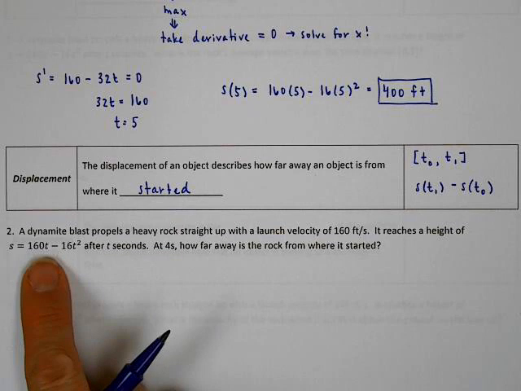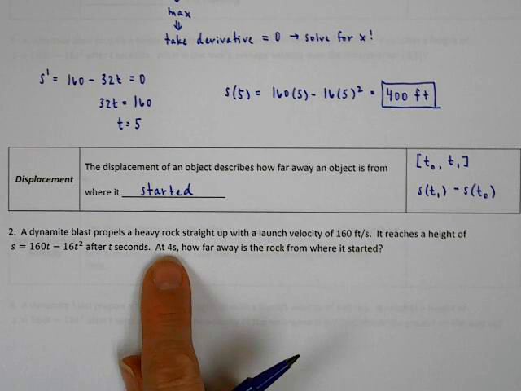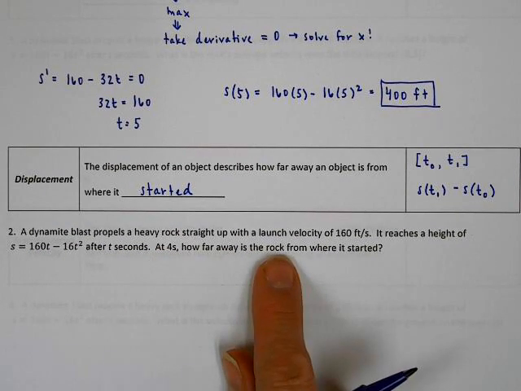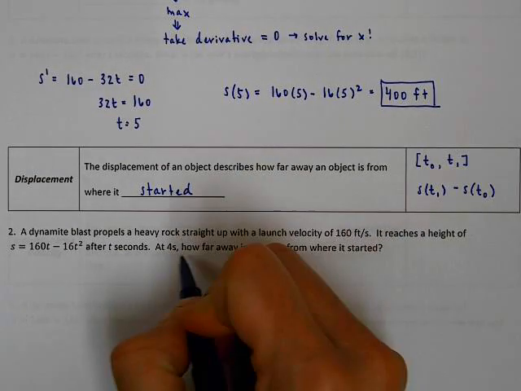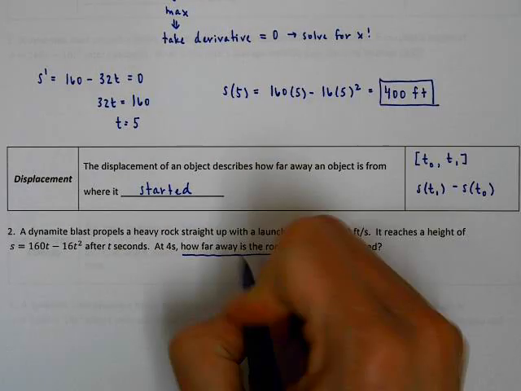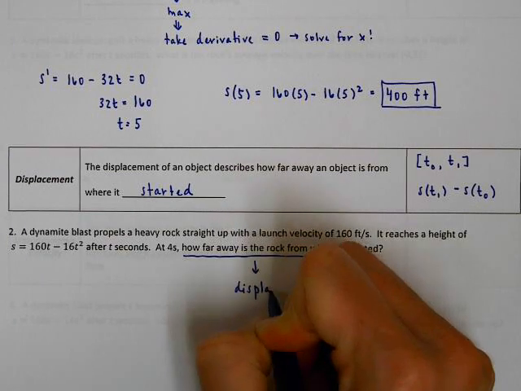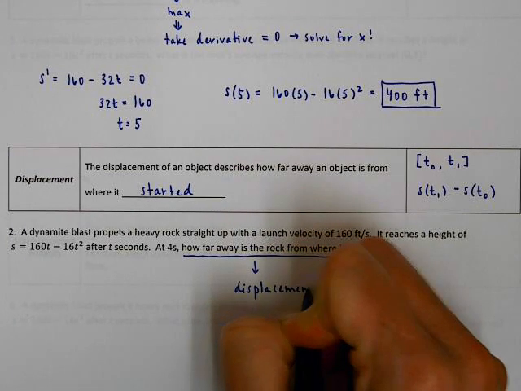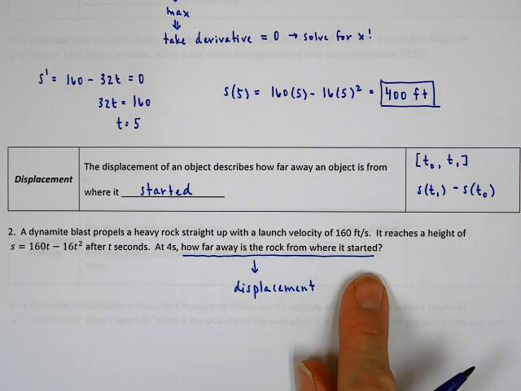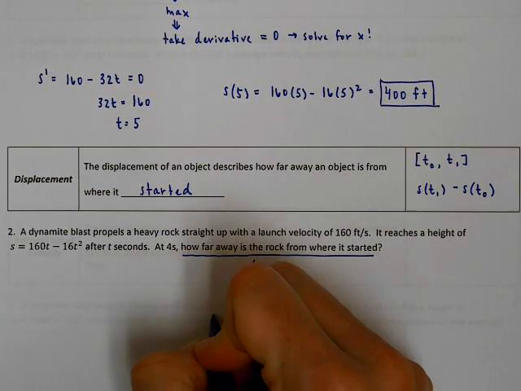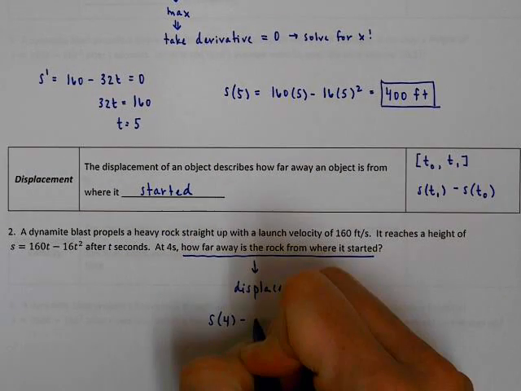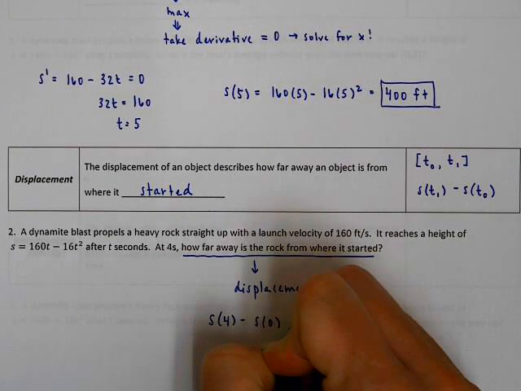So we have our same scenario here, our same position function, and now it says at 4 seconds, how far away is the rock from where it started? This question we have to recognize as displacement. It's not asking where it is at time 4 seconds, it's asking how far from where it started. So I know I'm going to do s of 4 minus s of 0.